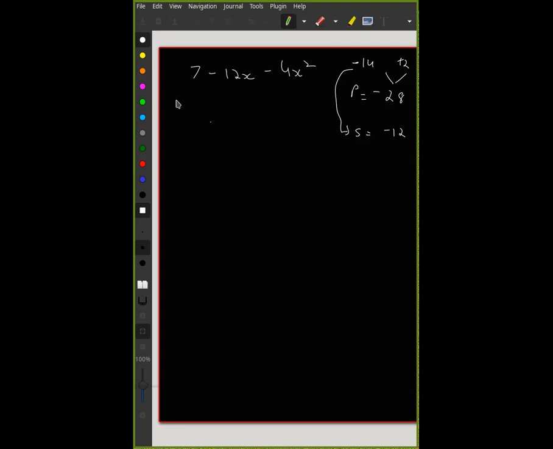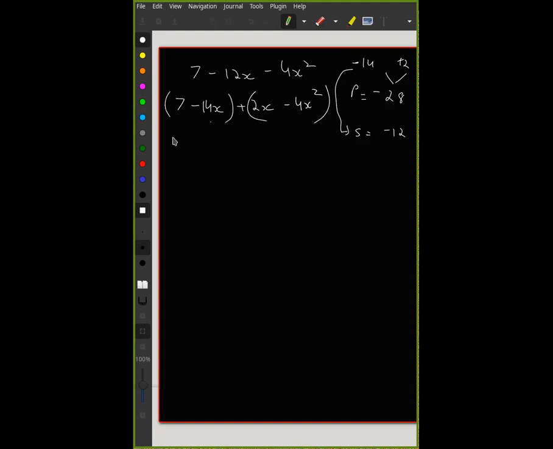So how do we write this? 7 minus 14x plus 2x is minus 4x square. Then what do we do? We group. Then we group them.